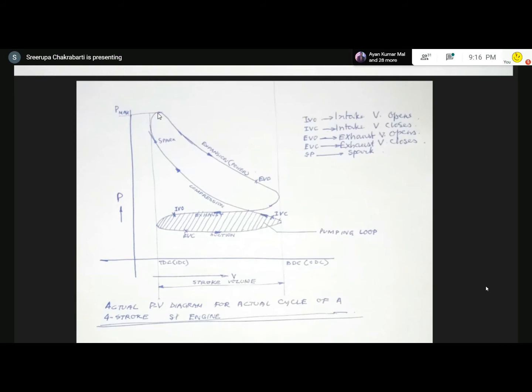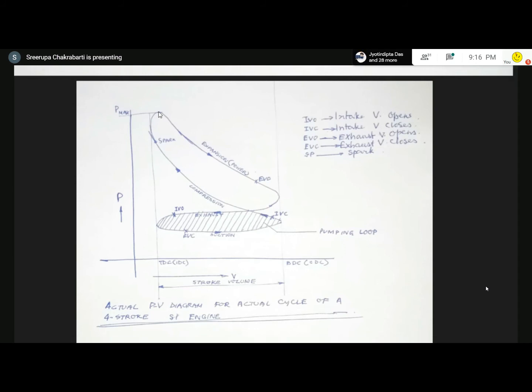So dp/d theta or dp/dt has a positive slope. It increases and gradually the slope becomes 0, and this is the point where the maximum pressure occurs, maybe 22 degrees from the top dead center. From engine to engine it is different.